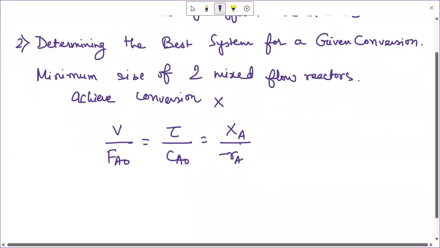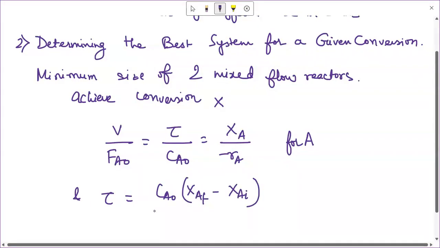Xa is the conversion of component A, and minus Ra is the rate equation. You can also write this as tau equals Ca0 times Xa final minus Xa initial by minus Ra.